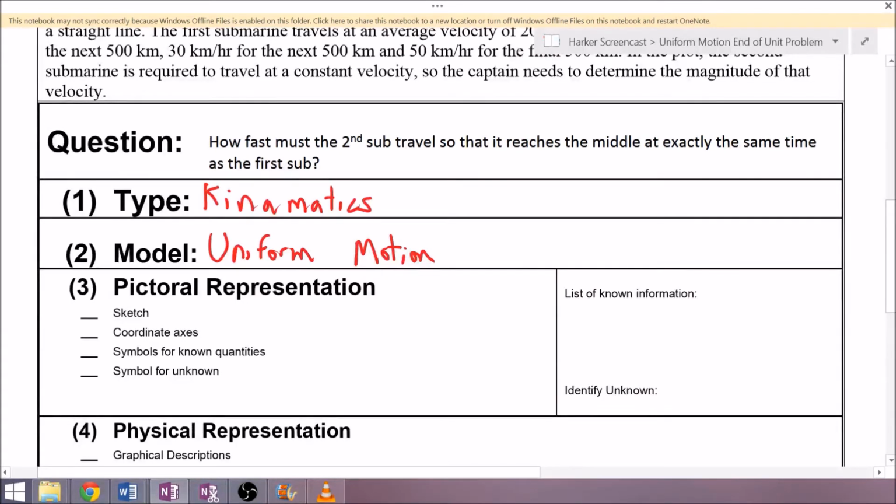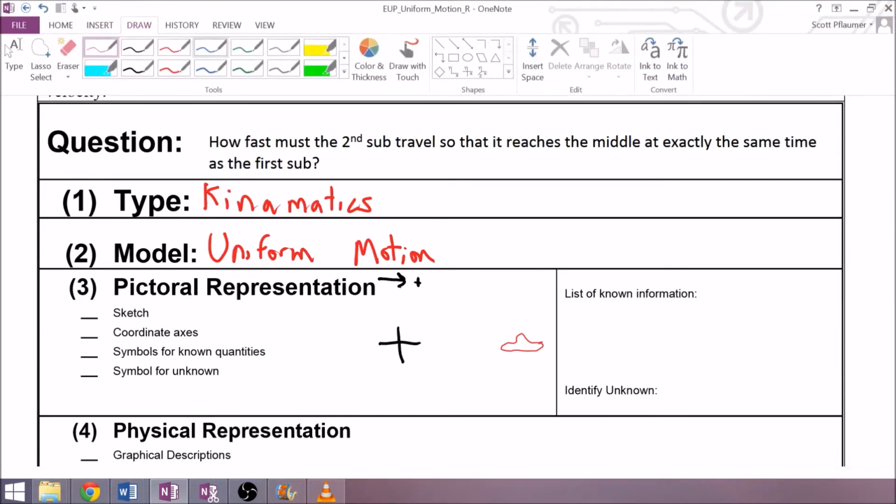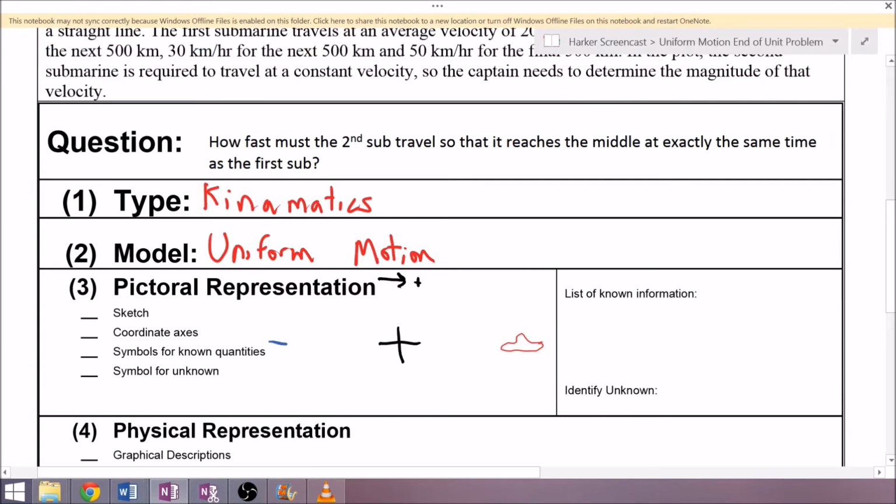Okay, first thing that I'm going to do is put my origin smack dab in the middle of the two subs where they meet. I'm going to say the right is going to be positive, and the first submarine, I'm going to draw it in red on the right side, and then the second one over here.